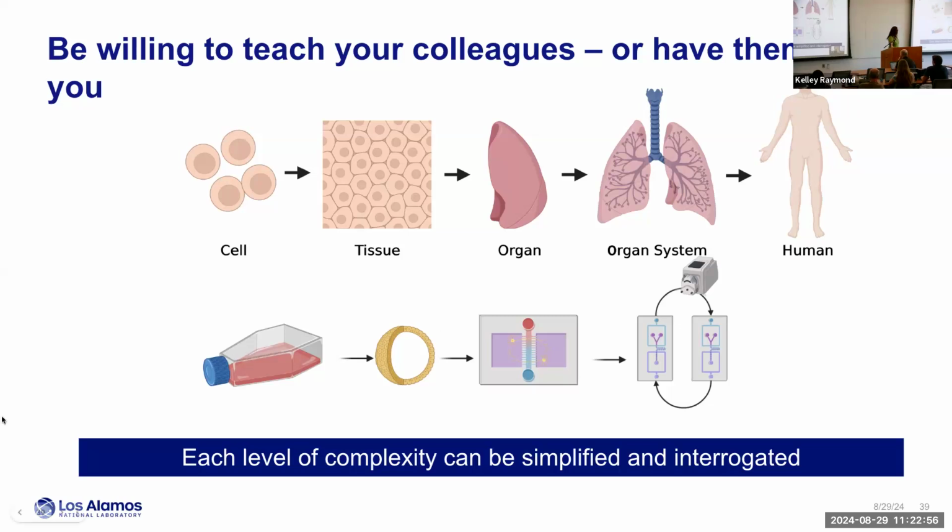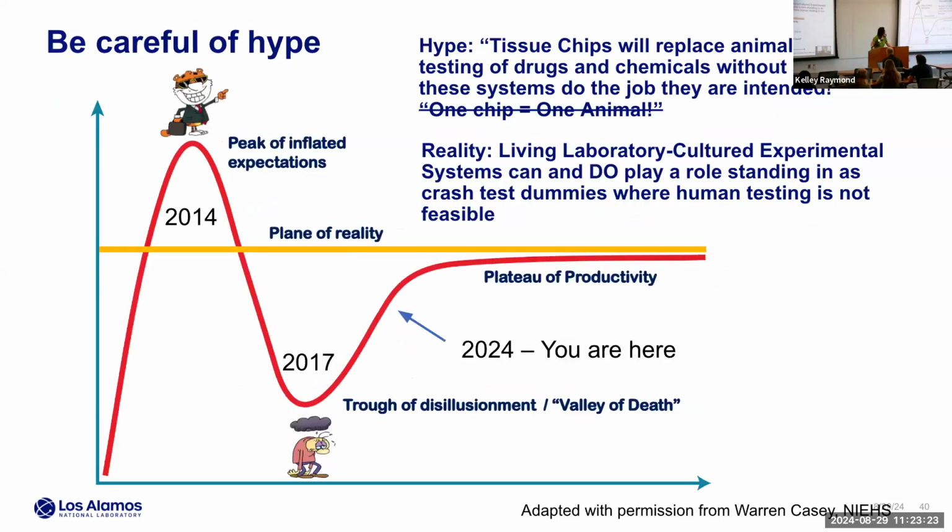Often with our microphysiological systems, we're working in this space because we can't recreate every single piece of an organ. Sometimes we can work on the whole organ level if we have a human sample, but for the most part, most of us are working in this realm in bioengineering, and I think it helps your colleagues in other disciplines to really understand that.